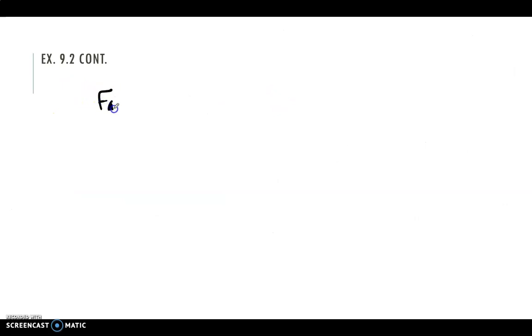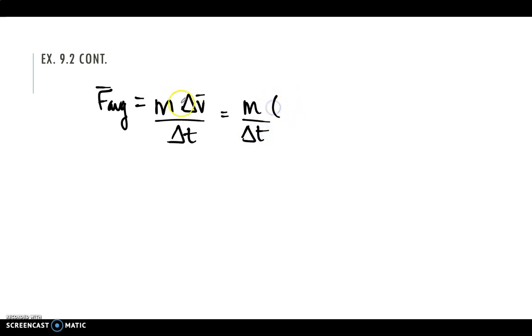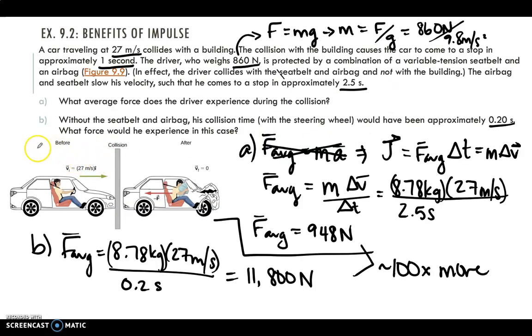Remember that we found F average to be equal to the mass times delta v over delta t. Our mass stays the same, our delta t will be the same, but delta v is going to be v final minus v initial, and these should be vectors as well. We're going to define this direction as the positive x direction.